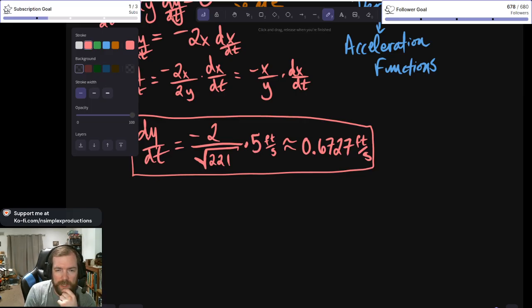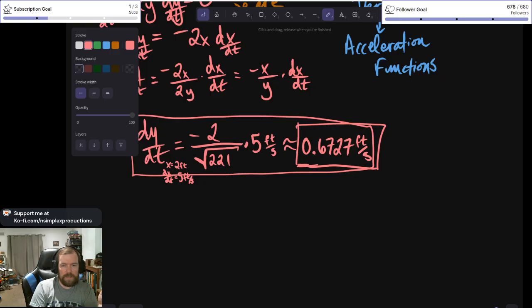So this is dy/dt when x is 2 feet and dx/dt is 5 feet per second. Those two pieces of information end up being crucial to being able to figure out what dy/dt is in that particular case. Okay.